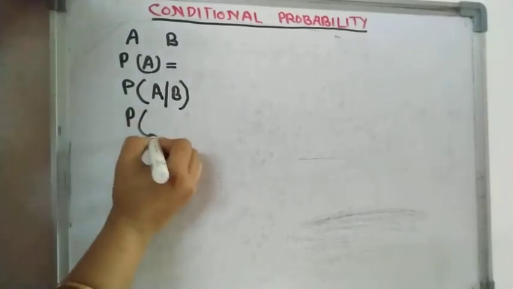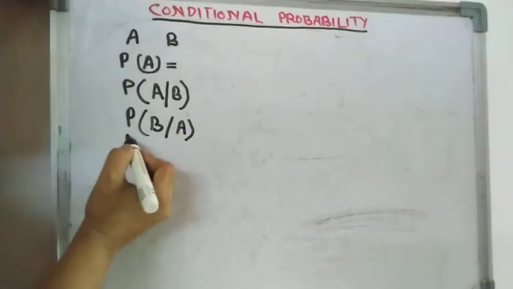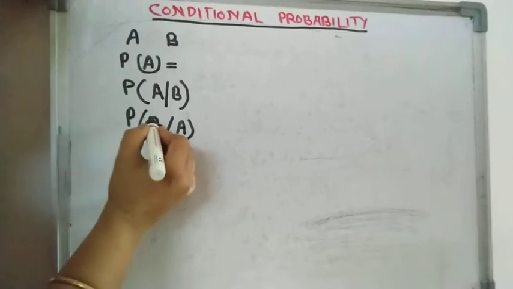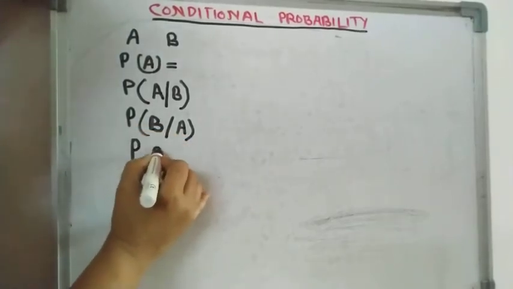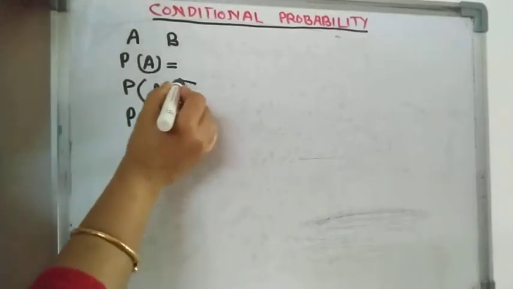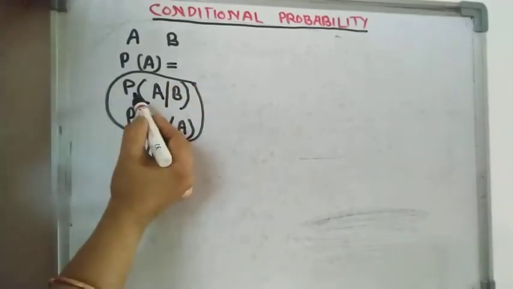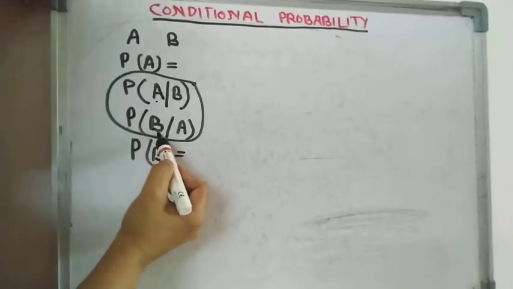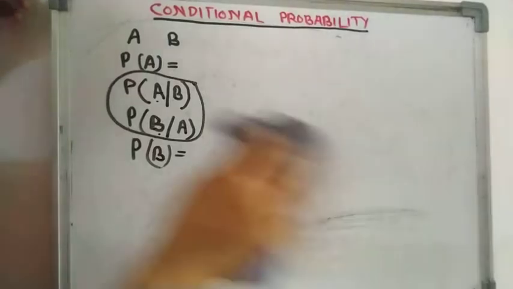Or probability of B given A means we are finding the probability of the B event where A has already happened. This is called conditional probability, and if we find it directly, it is called unconditional probability. So conditional probability is symbolically denoted in this way: this is the conditional probability of A, this is the conditional probability of B. Now let's come to the formula.